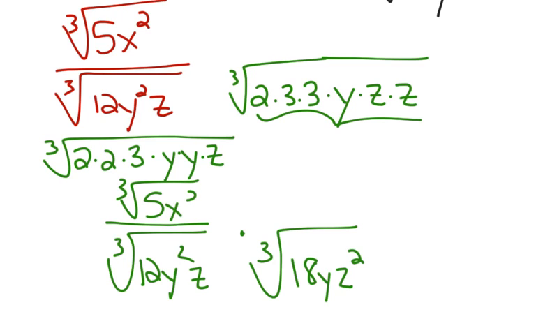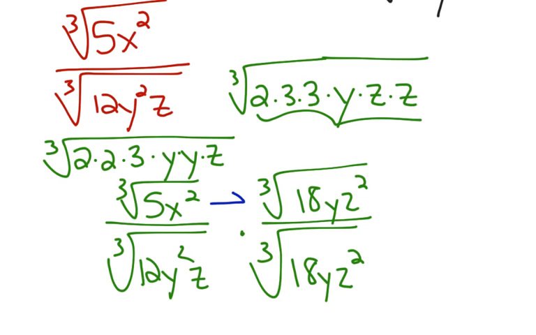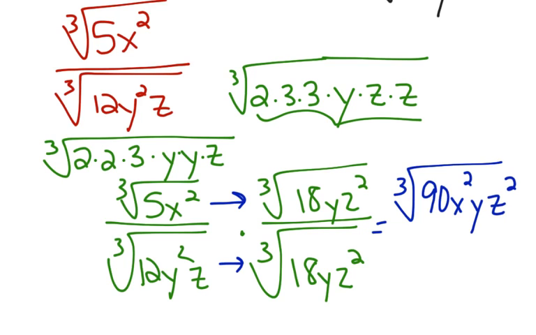When I do that, I have to multiply the numerator by this too, because I want to multiply by 1 in order to get the same fraction of equivalent value. So now the properties of radicals say I can multiply straight across. So I get the cube root of 18 times 5 is 90, x squared, y, z squared.